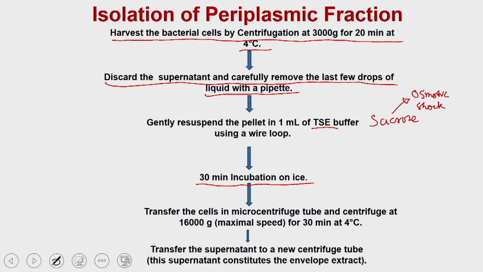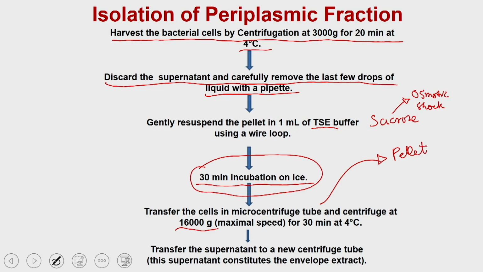Once it comes out into the supernatant in these 30 minutes, you transfer the cells to a microcentrifuge tube and centrifuge at a very high speed, at 16,000 g. This gives you the supernatant as well as the pellet. The pellet is the bacterial pellet, which contains the bacterial cell, the cytosol and other things, and the supernatant contains the proteins present in the periplasmic fraction.